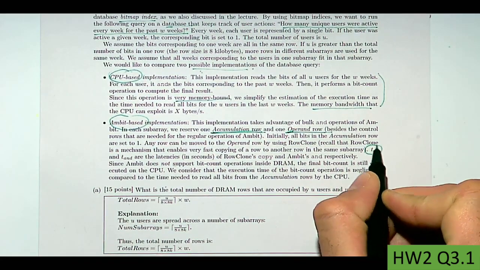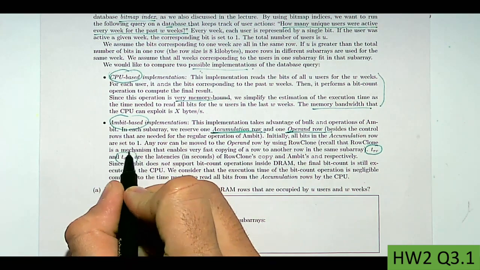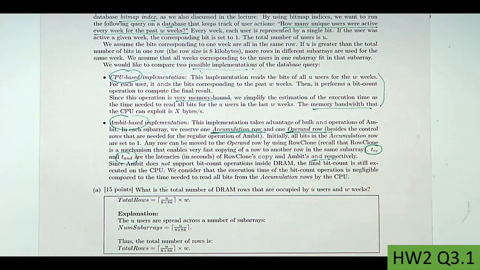The first one is TRC, the latency of a row clone operation, because whatever row represents the activeness in a single week, we will have to move it to the operand row. Then we have T-AND, the latency of an AND operation, because in order to merge all the results from all the weeks for the different users, the operation we do here is a bitwise AND.